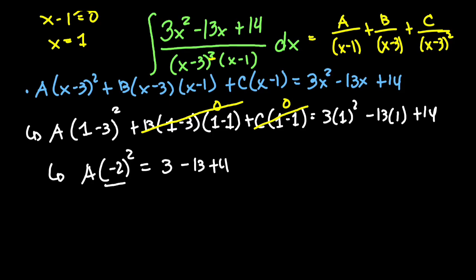Negative 2 in parentheses squared is positive 4a, equal to 3 minus 13 plus 14, which is equal to 4. So dividing both sides by 4, you have a value of a equal to 1.